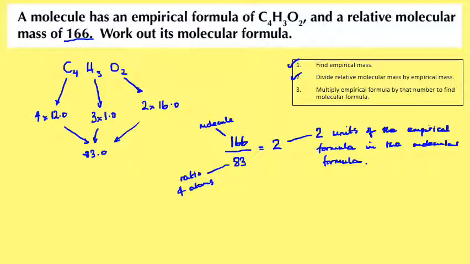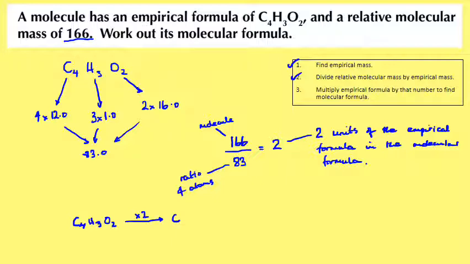So what we can then do to get our answer is to multiply the empirical formula. I'll write it down again for us in some nice space. Our empirical formula was C4H3O2, and if we multiply that by the ratio we've just worked out, 2, then we get the molecular formula. When we say multiply by 2, we mean multiply each of the components by 2.